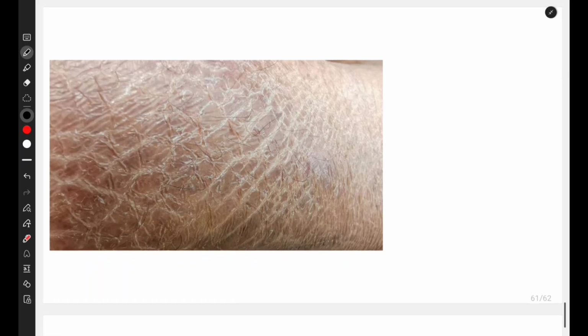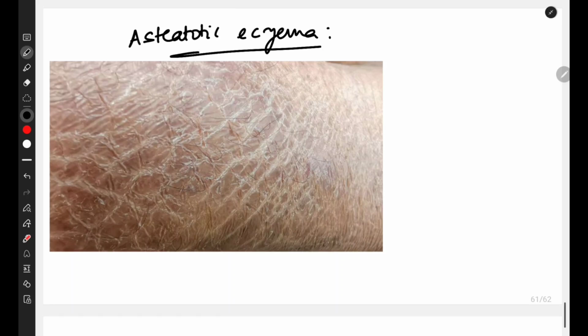Then there is something called asteatotic eczema. This one is also called winter eczema. It's seen in almost everyone during the winter season.